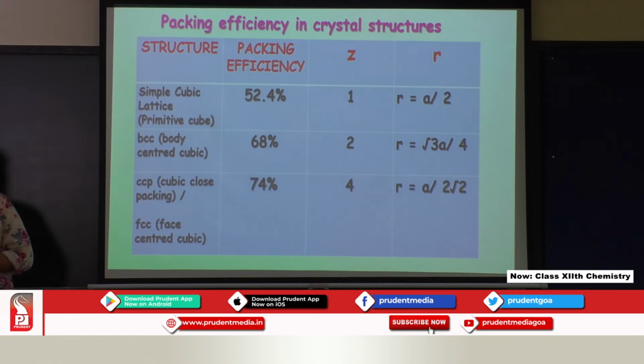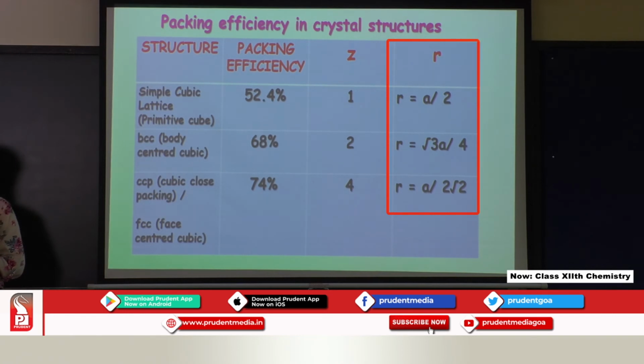The value of Z for all the three are given, that is, the Z values are 1 for a simple cube, 2 for a BCC lattice, and for CCP or FCC lattice it is 4. We can also calculate the value of R, that is the radius of the atom, by using the formulae as listed in the last column.